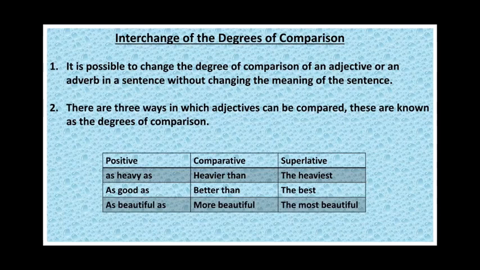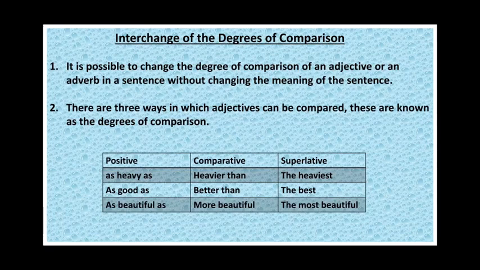In the same way we have as good as, better than, the best. In the positive we have as beautiful as. In the comparative we have more beautiful. And in the superlative we have the most beautiful.